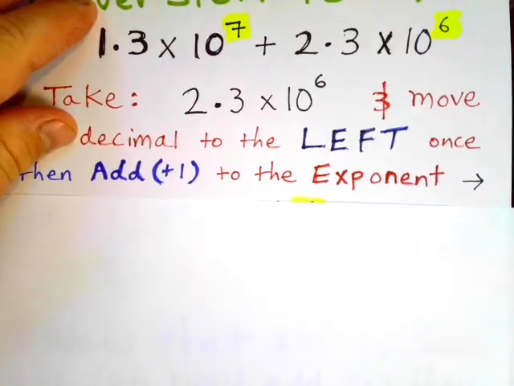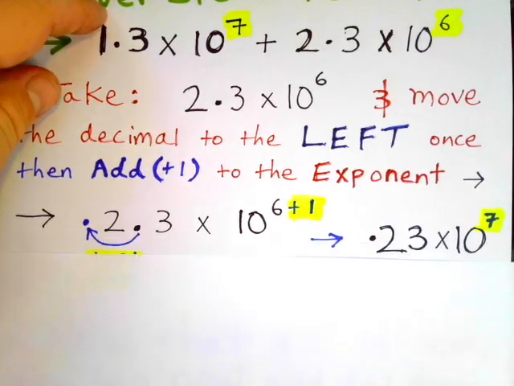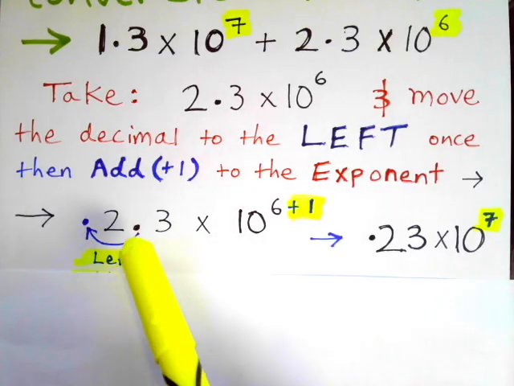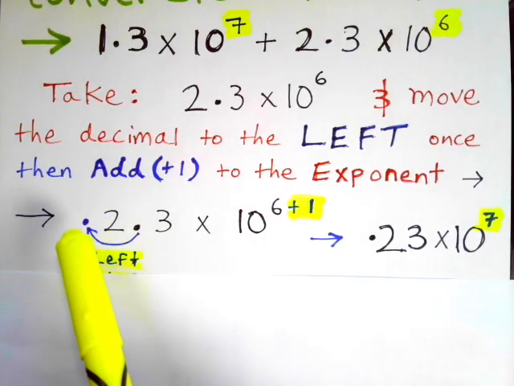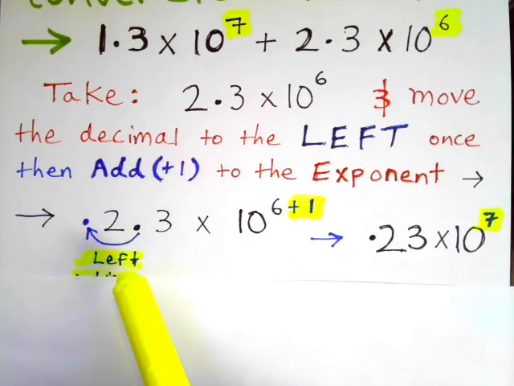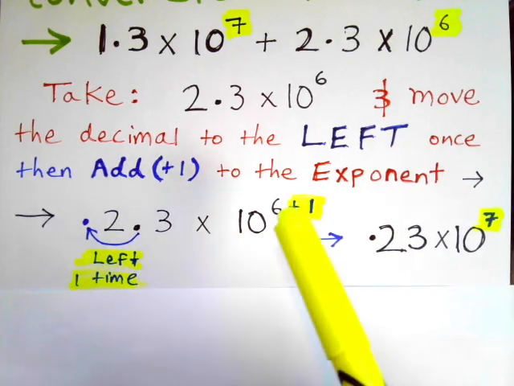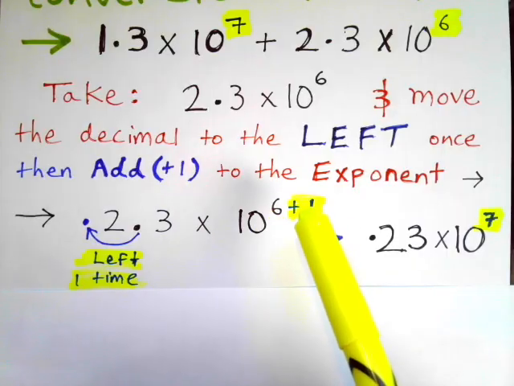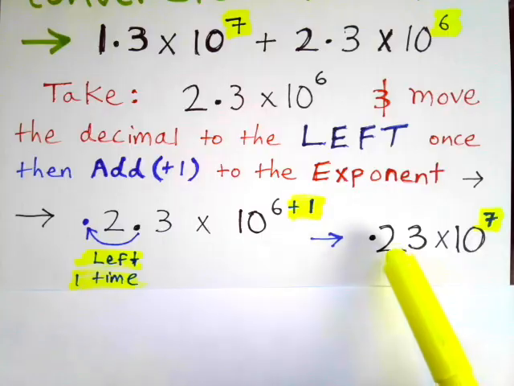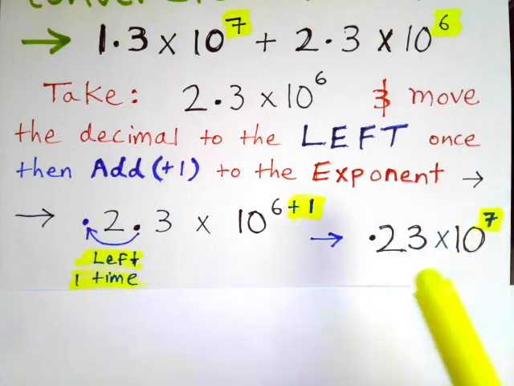I will show that to you here. I'm going to move that decimal place one time to the left. Now I have 0.23 times 10. Remember, when you move it one time to the left, you add 1 to the exponent. So 6 plus 1 is 7. Now I have 0.23 times 10 to the 7th power.